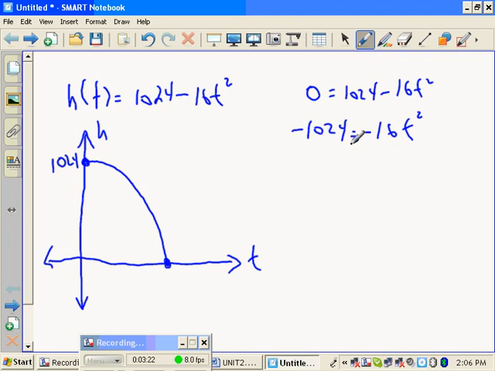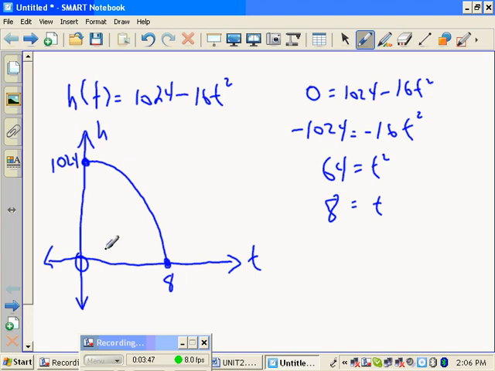And let's see, half of this is 512, half of that is 256, half of that is 128, and half of that is 64. So t is, and usually we say plus or minus 8, but in this case we're talking about a domain from 0 on, so I'm going to ignore the negative answer. So in 8 seconds it hits the ground.